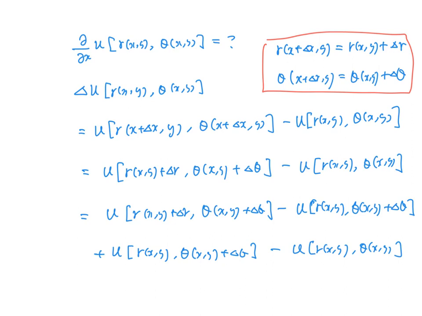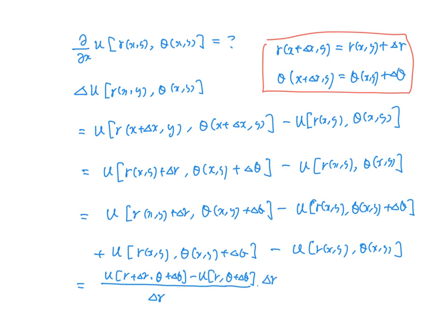Then what you can do is divide the first part by delta r: u(r plus delta r, theta plus delta theta) minus u(r, theta plus delta theta), times delta r.